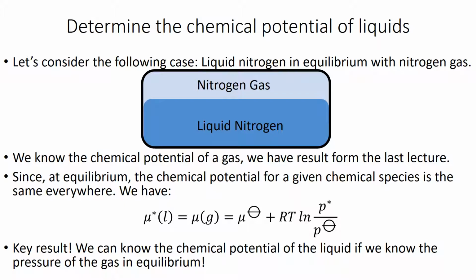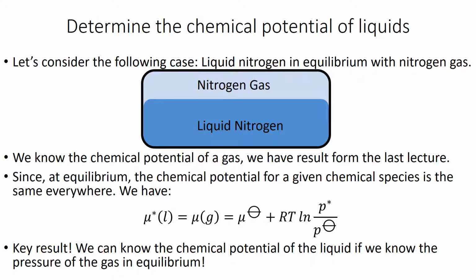With this result, we can write down the following: mu star L, where the L indicates the liquid, we'll get into a moment what the star is for, is equal to the chemical potential of the gas.